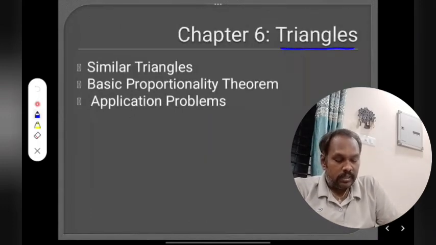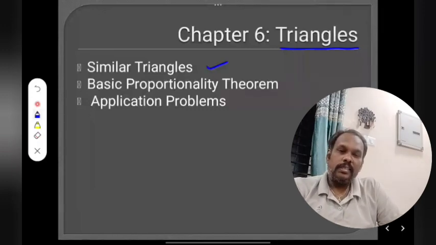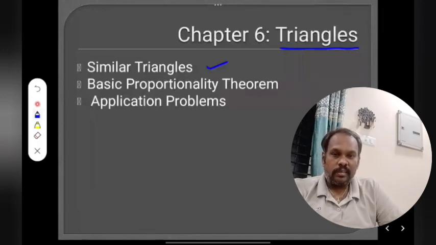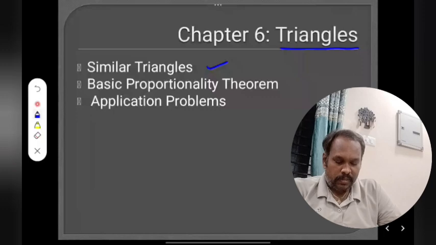And sixth chapter, triangles. In triangles, similar triangles. What are the similarity criteria? Mainly we have three similarity criteria, that is AAA similarity criteria, SSS similarity criteria and SAS similarity criteria.